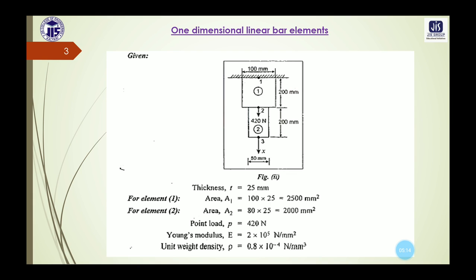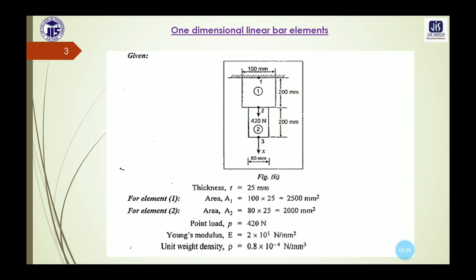Next, the point load is given in this numerical, which is applied at the mid depth of this bar element. So the point load P is acting at node 2 and it is 420 Newton. The Young's modulus is given here, capital E equals 2 into 10 to the power 5 Newton per millimeter square.